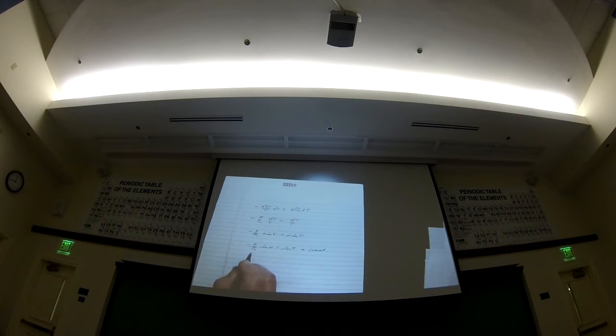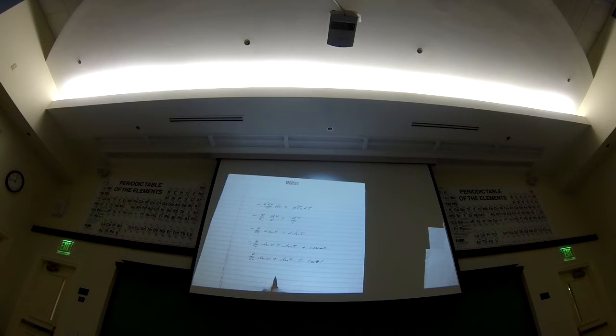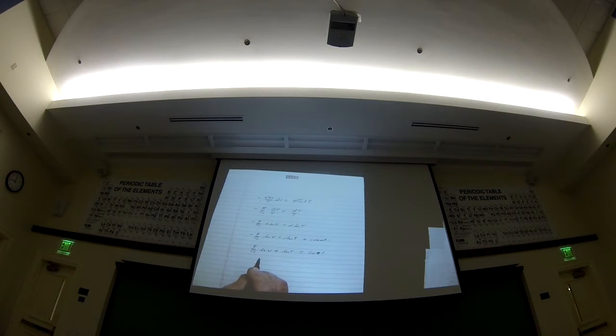And I can put these on the same side over here and write R over CV times the logarithm of V plus the logarithm of T is equal to some constant. Make that one.